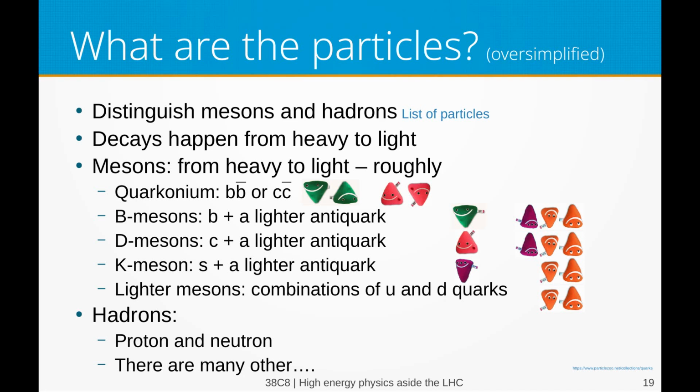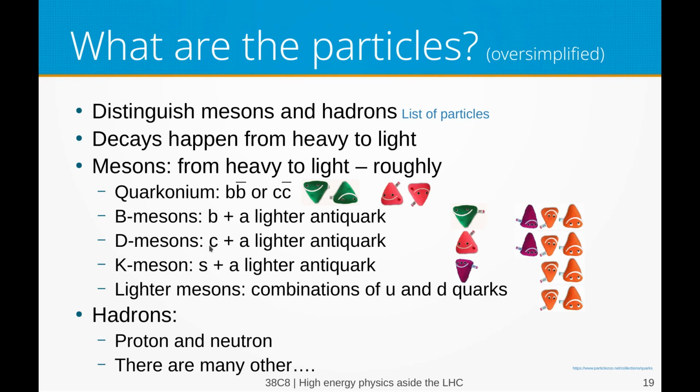For example, we can start with what we call quarkonium. This is a bound state of a B quark and an anti-B quark, or a C quark and an anti-C quark. And these are pictures of the particle zoo, as we call it, for the B's and C's. Then the B meson that I already mentioned consists of a B quark and a lighter anti-quark. Here we have a B quark, and then the 3 U, D, and S quarks as an anti-quark.